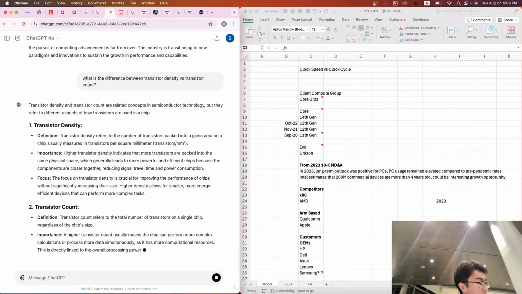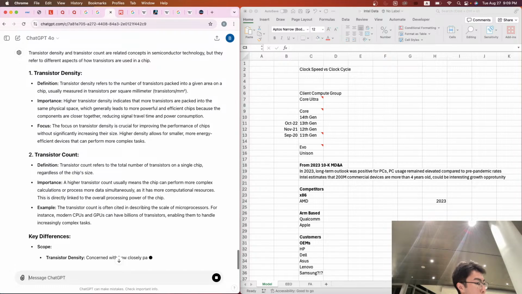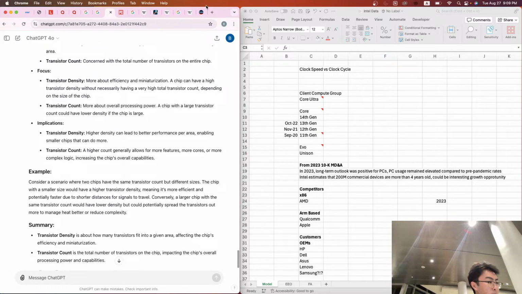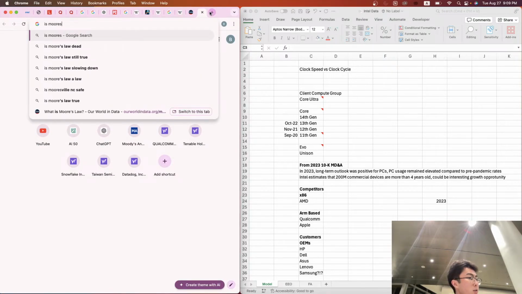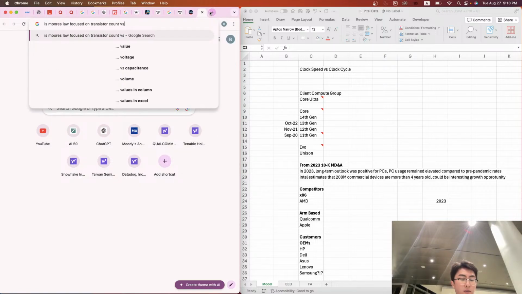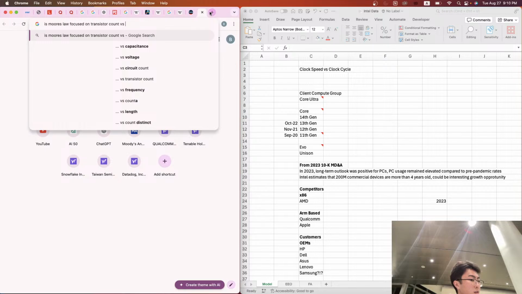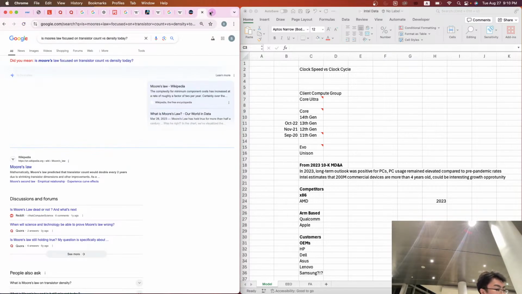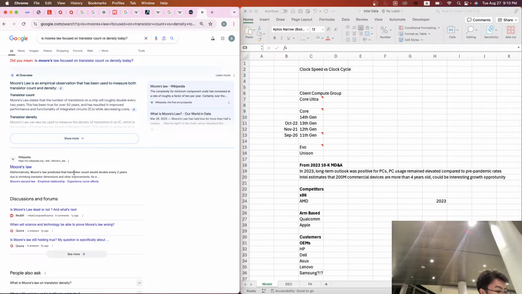Okay. So is Moore's law focused on transistor count versus density today? Let's see.